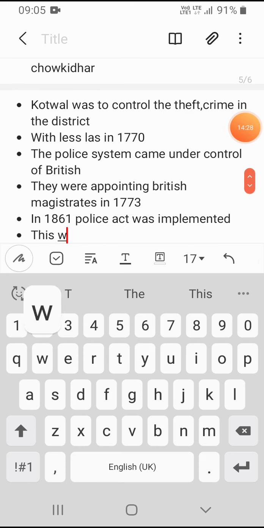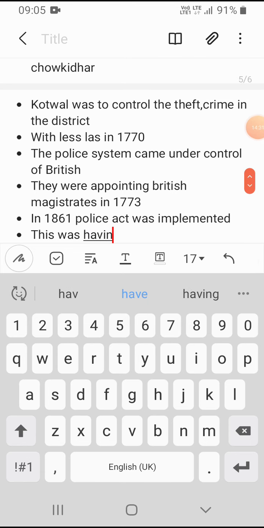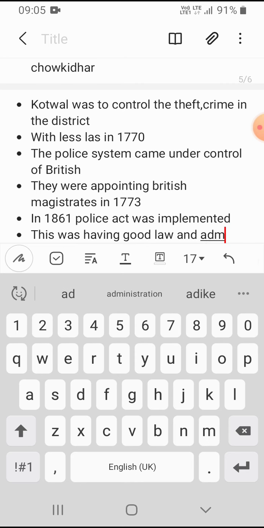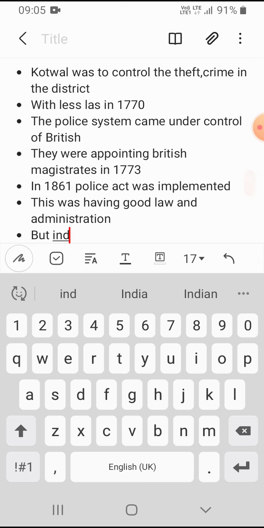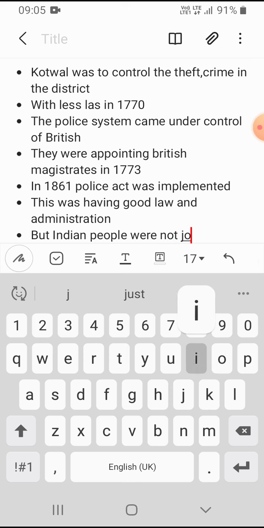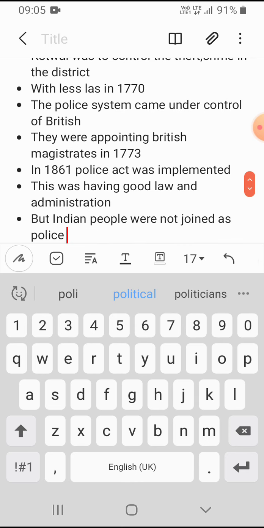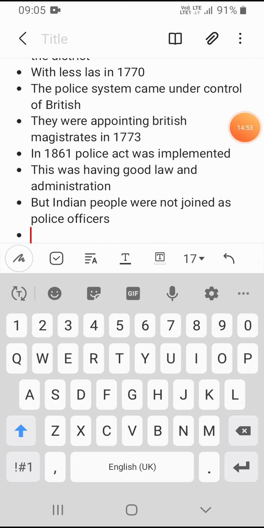This was having good law and administration, but Indian people were not joined as police officers. They were not taking Indian people as police officers.